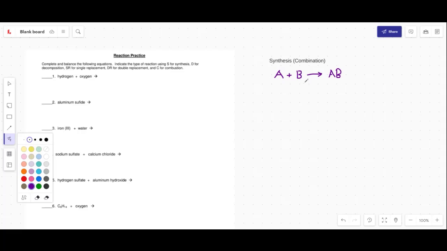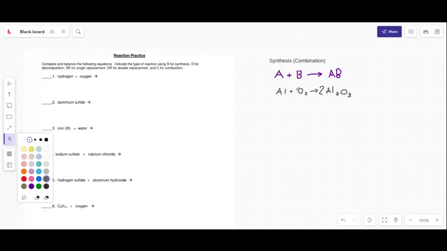Anytime you see only elements on the reactant side, chances are you have a synthesis reaction. The generic form of this is A plus B goes to form AB. An actual example would be what we did, aluminum plus oxygen, O2, goes to form Al2O3. Remember that reaction we balanced at the very beginning?